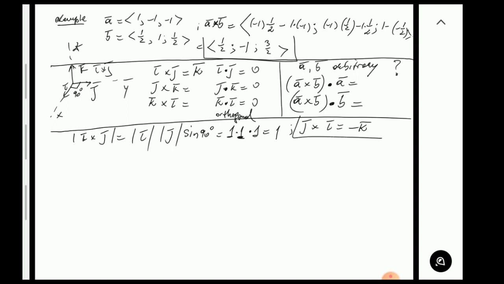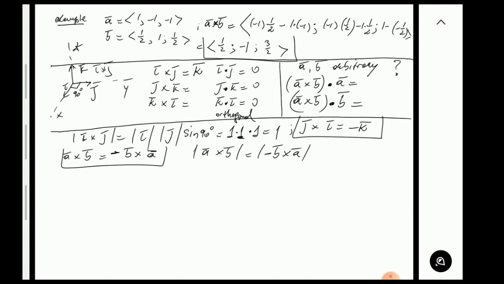I don't use this too often in this class, but keep in mind the fact that if you interchange the order of operation, the cross product is not commutative. a cross b is the opposite of b cross a. And obviously, the magnitude of a cross b is going to be the same as the magnitude of minus b cross a. Only the orientation is different in that case.